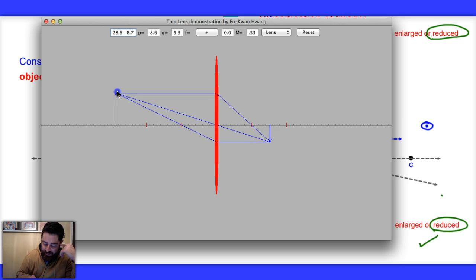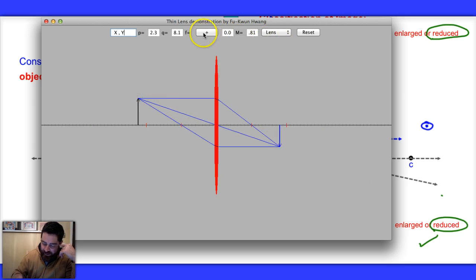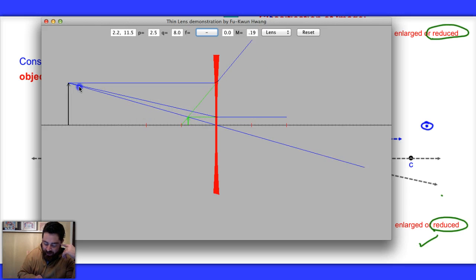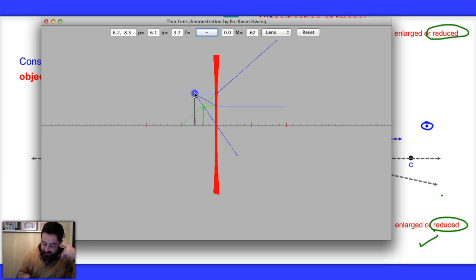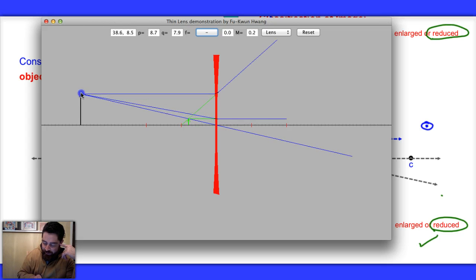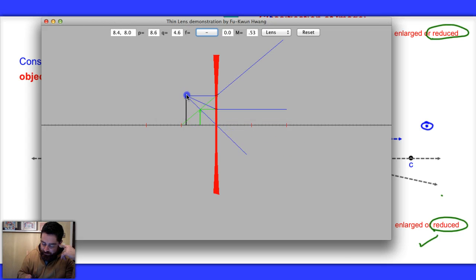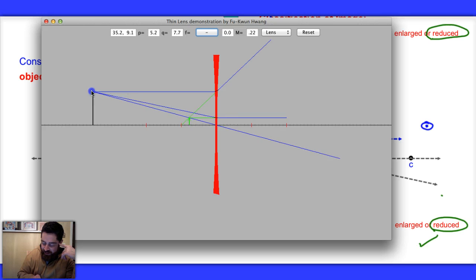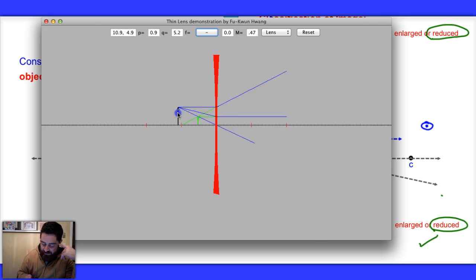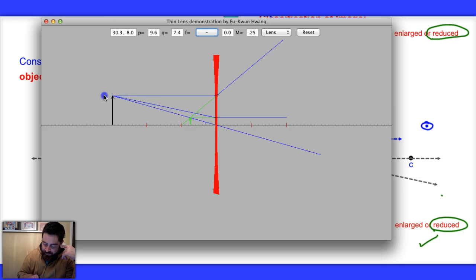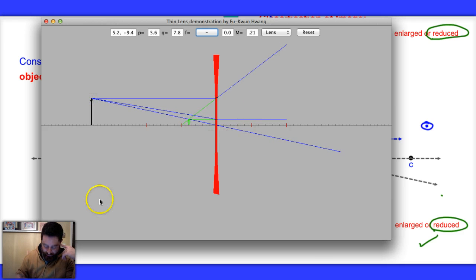If I come back out here and flip this around and make it now a diverging lens, we can see that regardless of where I place the object, I get the same scenario. In this case, I don't get the absence of an image at the focal length. I still get an image formed here, but it's always smaller.